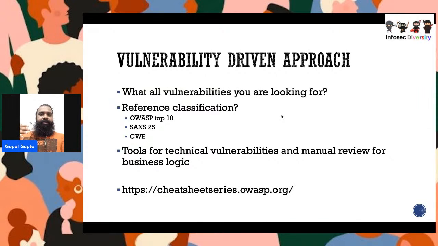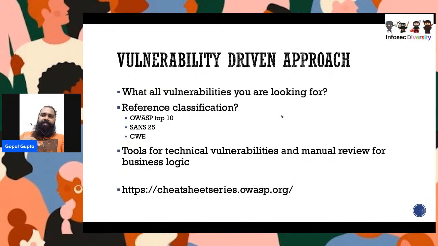They might have some kind of reference classification, like OWASP Top 10, SANS 25, CWE, or whatnot. They tell you, you have so many cross-site scripting issues, and then you go and check why this cross-site scripting issue might be there. Or if they say you have an escalation issue, you go and check, and then you traverse back.